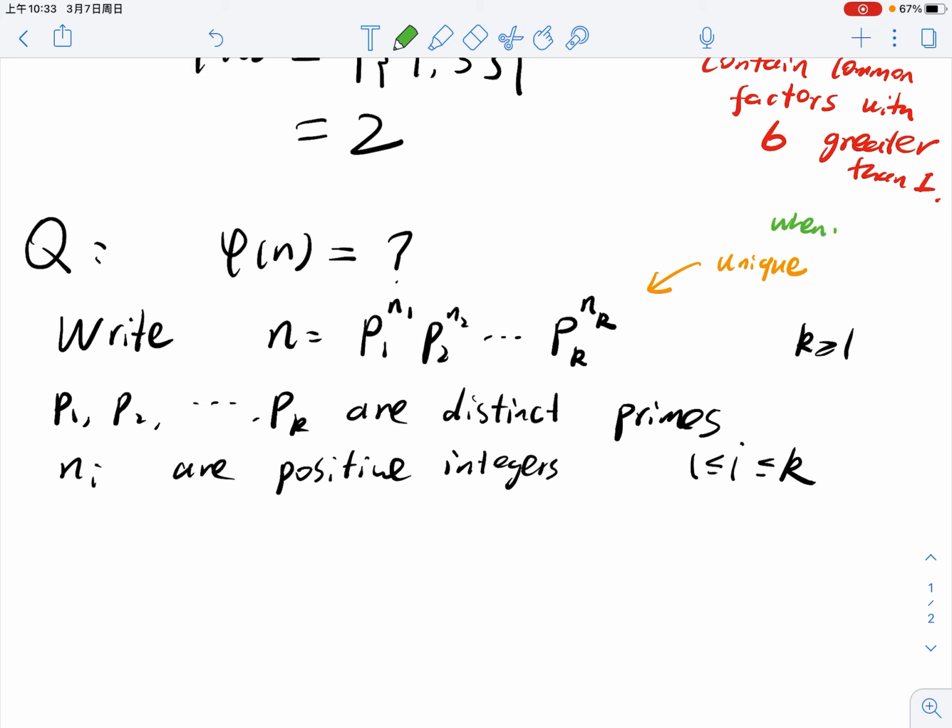When it's not unique, then we lead to algebraic number theory.